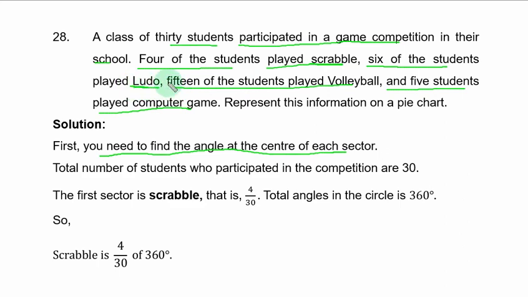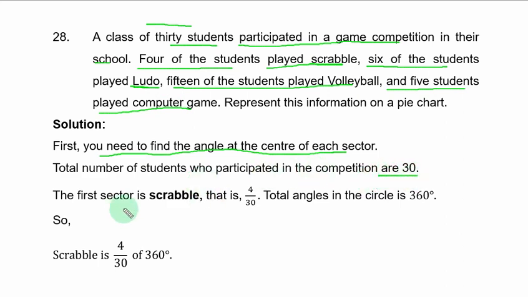So we need to convert the 4 students that played Scrabble to degree so that it can be measured on the circle. Before that, you must get the total number of students involved in the competition, and they are 30.